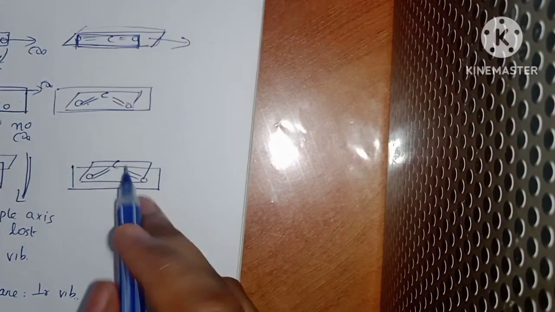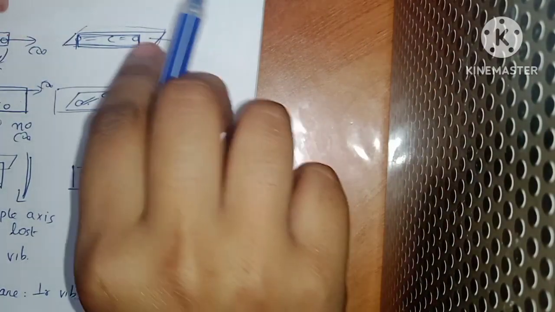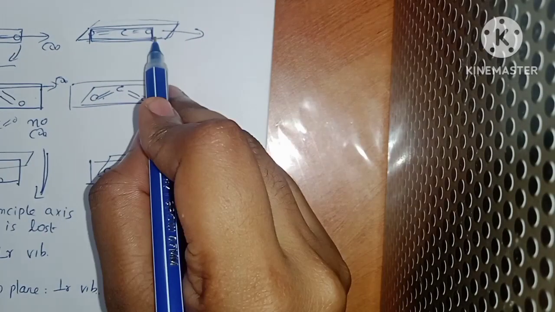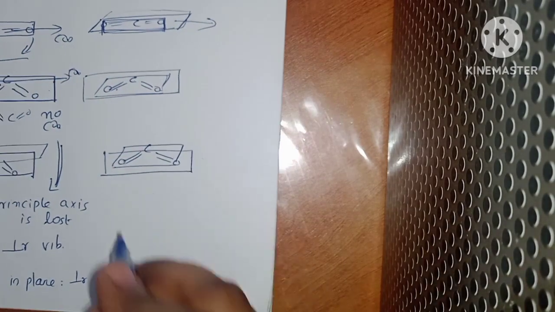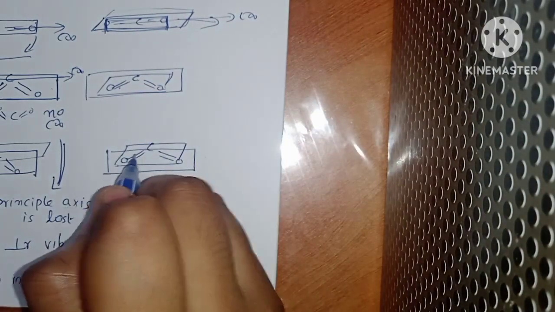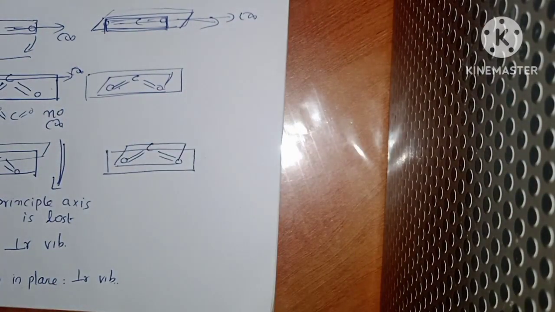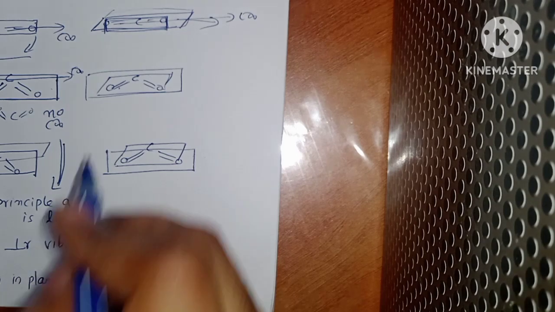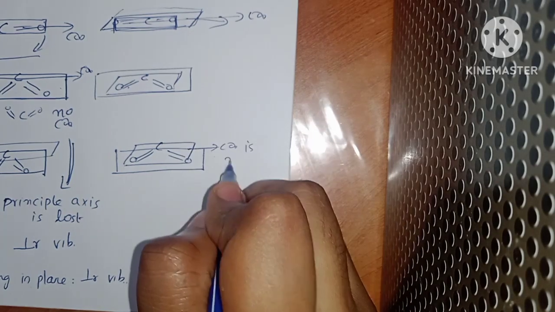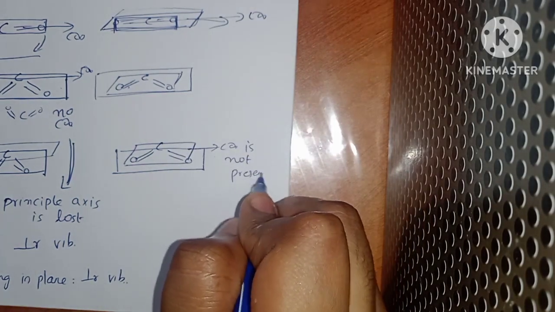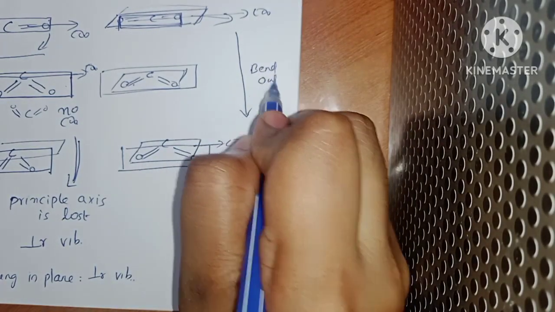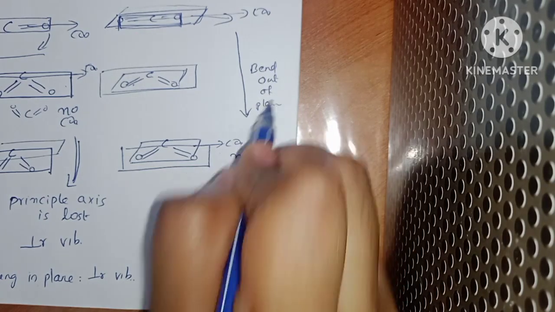Now we are considering bending out of the plane. Out of the plane means it is bent downward of the plane. So before vibration C infinity is present. After vibration it will look like a V shape. It is bent into the inner part. So C infinity is not present. So this type of bending, that means bending out of the plane, is also a perpendicular vibration.